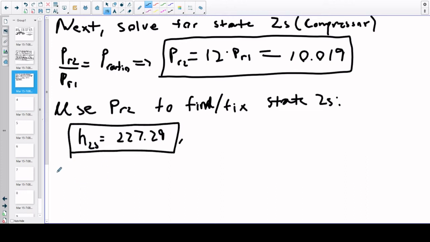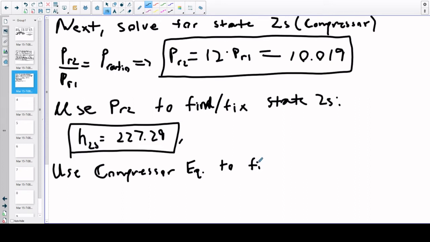And so, from that, we are then going to use the compressor efficiency equation to solve for the unknown that we are looking for. We're looking for something at state 2, normal state 2, not ideal.